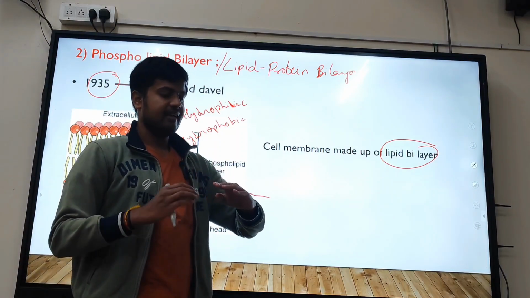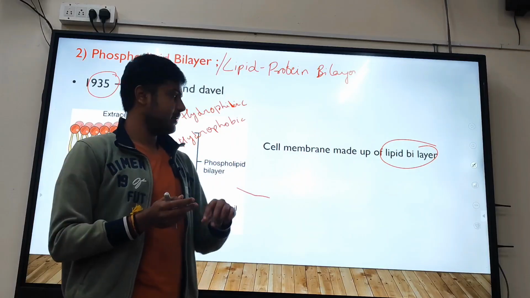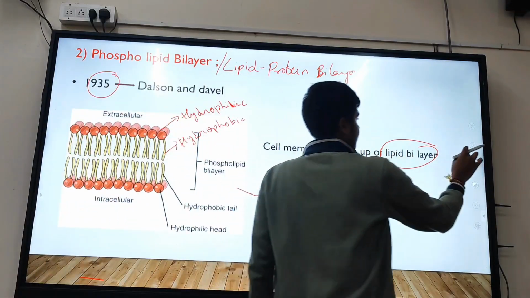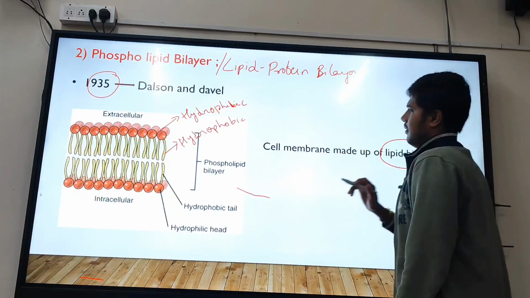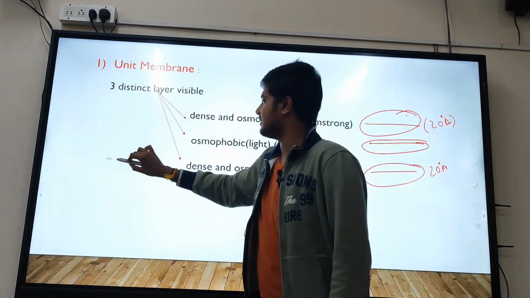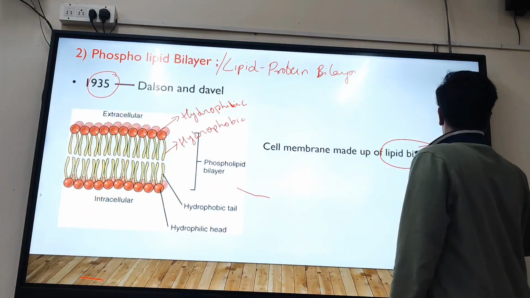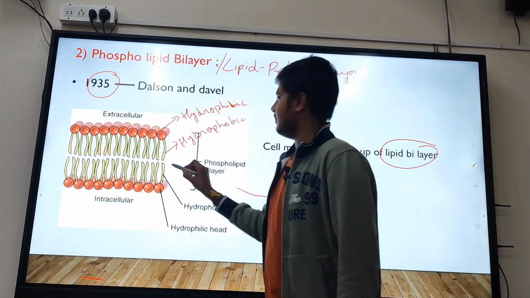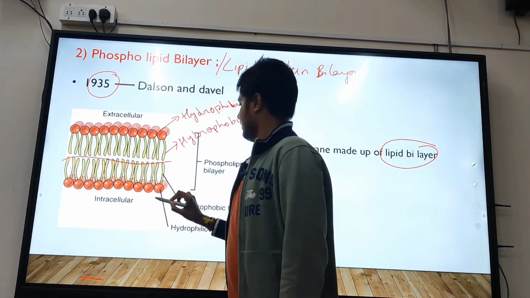The first one is protein, the next one is lipid. Protein, lipid bilayer. In the middle, protein is present.